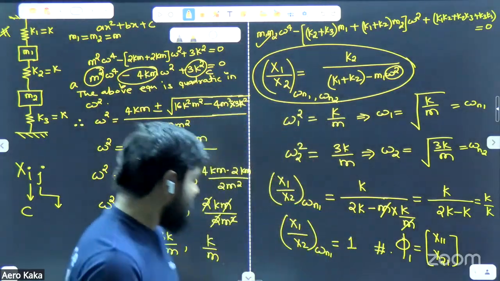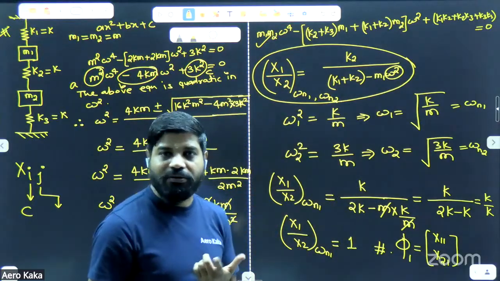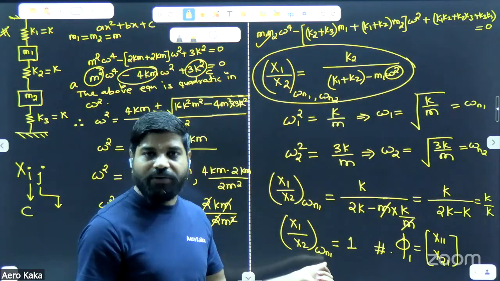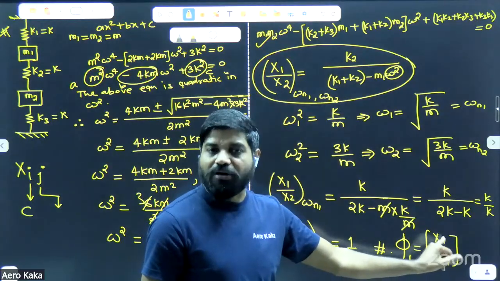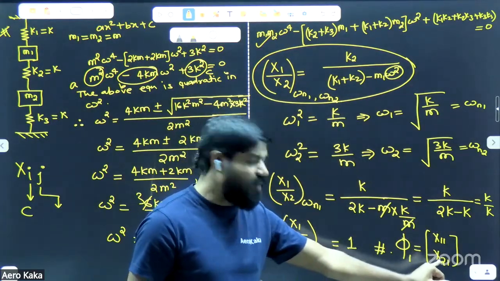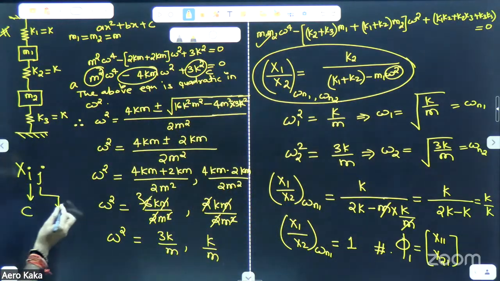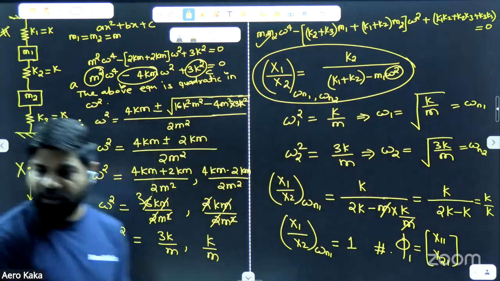So please remember, x1 is nothing but x11. Instead of writing x1 upon x2 at omega n1 or omega 1, it simply means that the amplitude of the first mass corresponds to the first natural frequency. Similarly, the amplitude of the second mass corresponds to the first natural frequency. So please remember, this defines which mode, or which frequency, or simply which omega, the first natural or the second natural frequency.